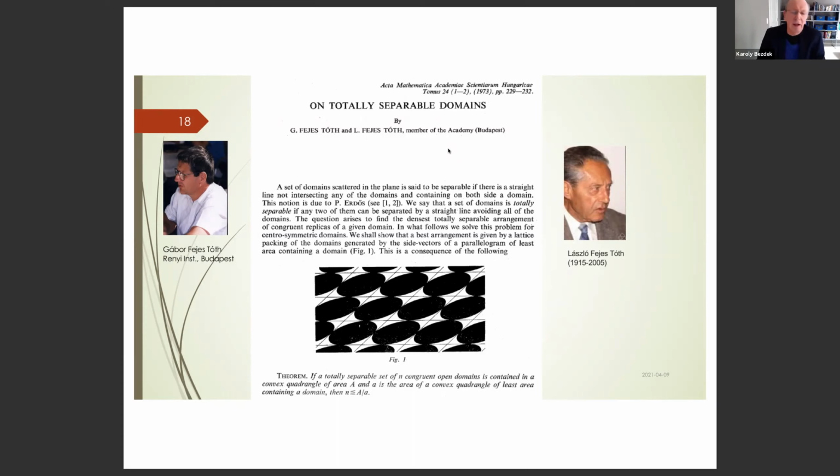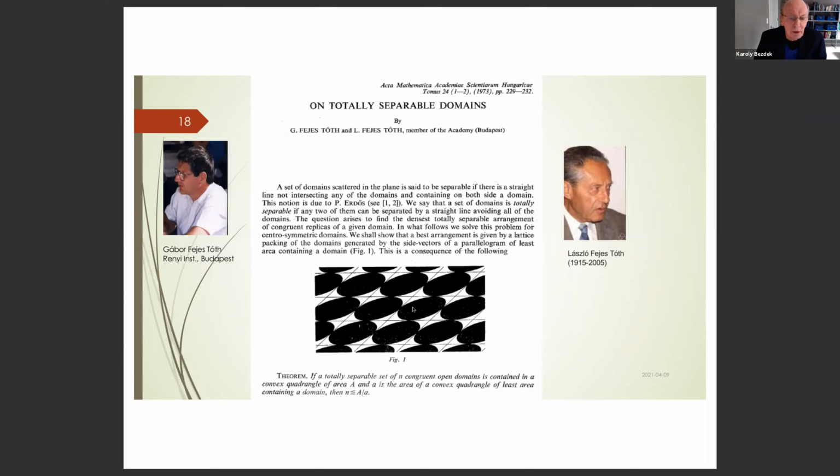In fact, they could do a bit more in the plane: they could take any centrally symmetric convex domain, such as this ellipse-looking oval, and they generated a totally separable packing using translates of that oval. As you see in this diagram here, this is a totally separable packing of translates of the oval.